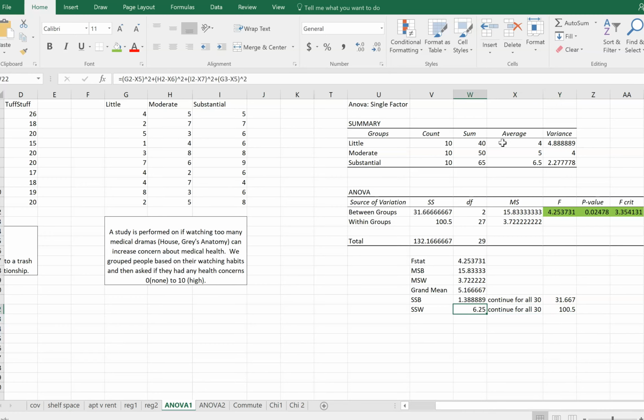So again, the basic understanding of what an ANOVA does is it compares each element to the grand mean. It says, regardless of what group you're in, let's see how far apart you are. And that's what this variance, the spread factor, is. Then it says, all right, you're grouped for a reason. Let's measure the variance inside the groups, which I did here.